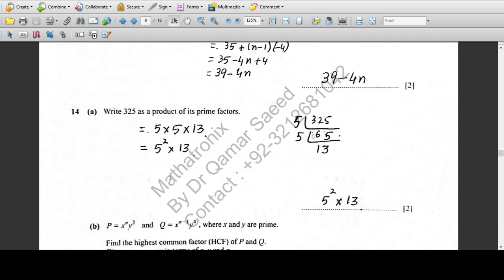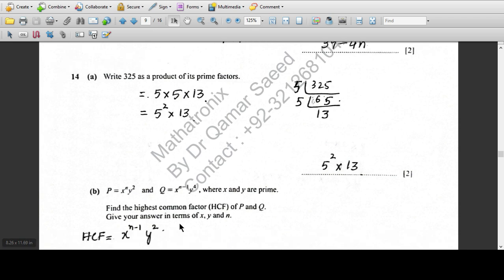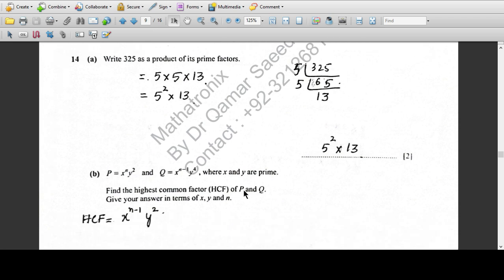Now the next question. We are given p = x^n y^2, and q = x^(n-1) y^4, where x and y are prime. Find the highest common factor of p and q. The highest common factor is what is common in both p and q.